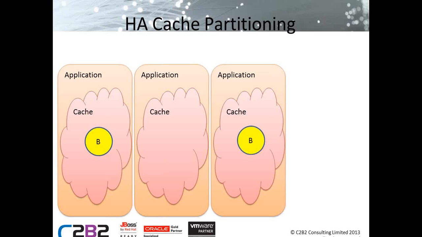So Coherence does support fully replicated clusters, but it also supports partitioned clusters or caches. In partitioned caches, we store a single entity on a single node with a backup somewhere else. Now in Coherence, the number of backups is configurable depending on your requirements for high availability.